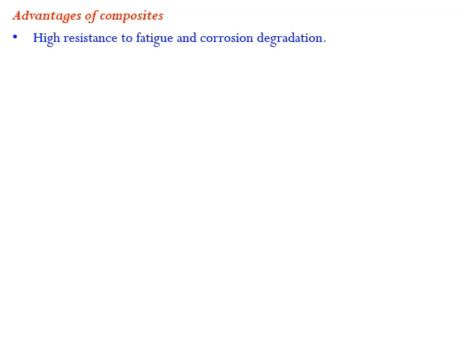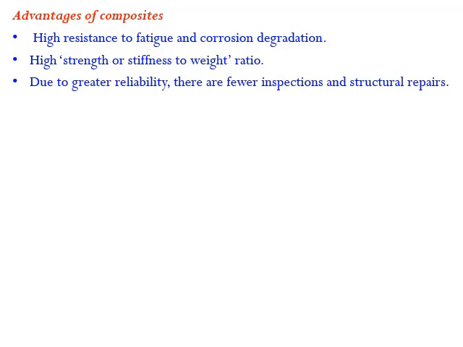It has high resistance to fatigue and corrosion degradation because we have a combination of materials. It has a high strength or stiffness to weight ratio, because we choose a lightweight material and reinforce it with long fibers which give high strength. Due to greater reliability, there are fewer inspections and structural repairs. That is what normally is consistency.